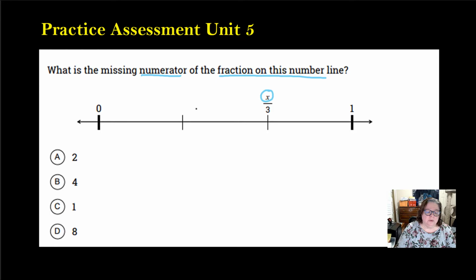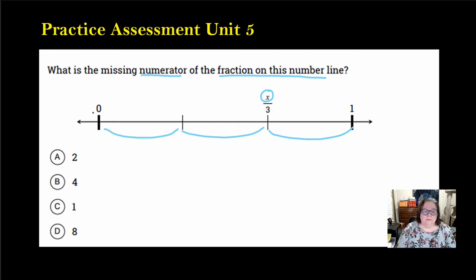Does it equal 2? Does it equal 4? Does it equal 1? Or does it equal 8? Well, they've given us the denominator of 3, but let's just check. 1, 2, 3. So 3 equal sections. That's correct. But how many hops to get over to the X?